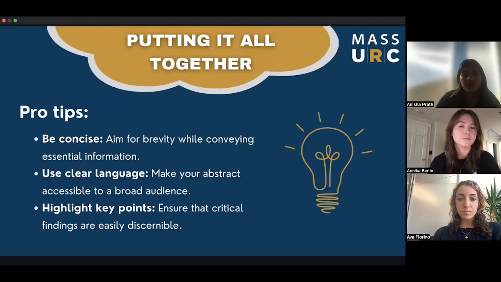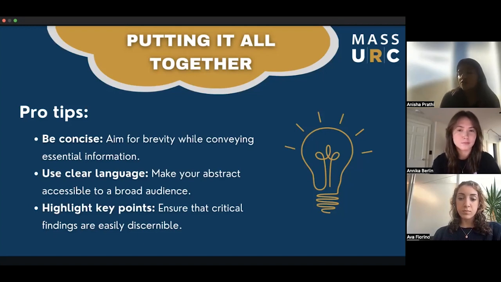Now that we've gone over the different components of an abstract, we're going to help you put it all together and provide some pro tips and some common mistakes that writers usually make that we suggest you avoid. For some tips, we suggest that you be as concise as possible, aim for clarity and brevity when talking about your research. Try to use as much clear language as possible.